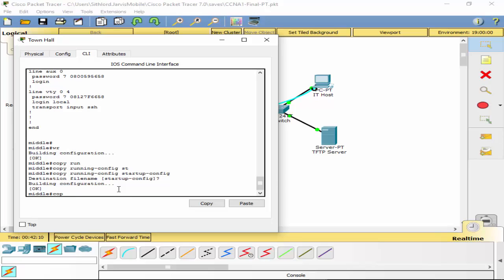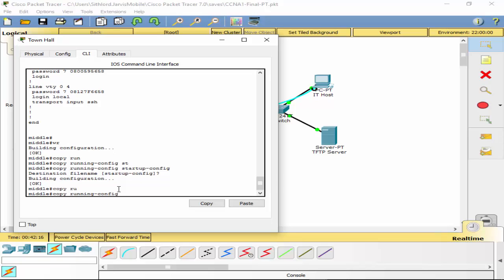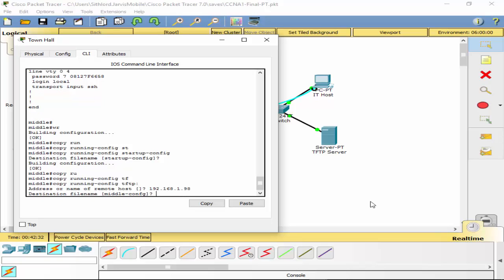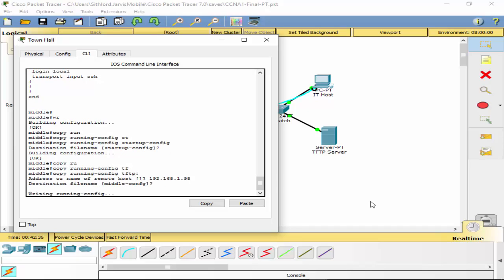Instead, we're going to also save it somewhere in case this device sets on fire. So we say copy running-config, or in this case we've actually saved it, so we could say startup-config, whatever you want, to TFTP, and then we press enter, and then it says address or host name. So we want the IP address of the TFTP server, so it's 192.168.1.98. File name, middle config, sure.